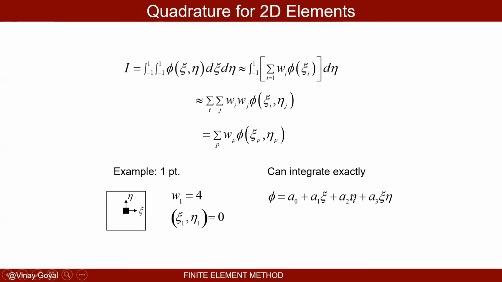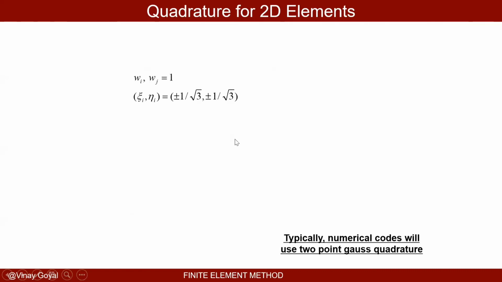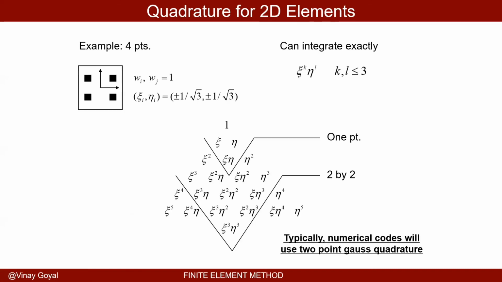So you can integrate exactly an equation that looks like this with this one single point. For 4 points, 2 by 2, Wi and Wj are 1, and you're going to evaluate at these combinations of coordinates. So you have 4 different combinations.